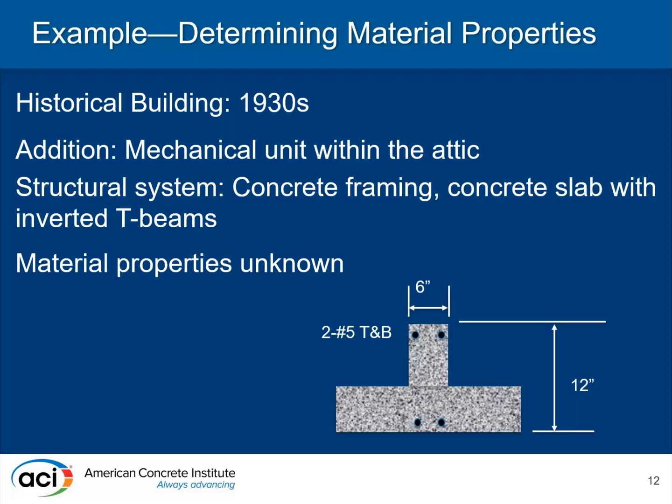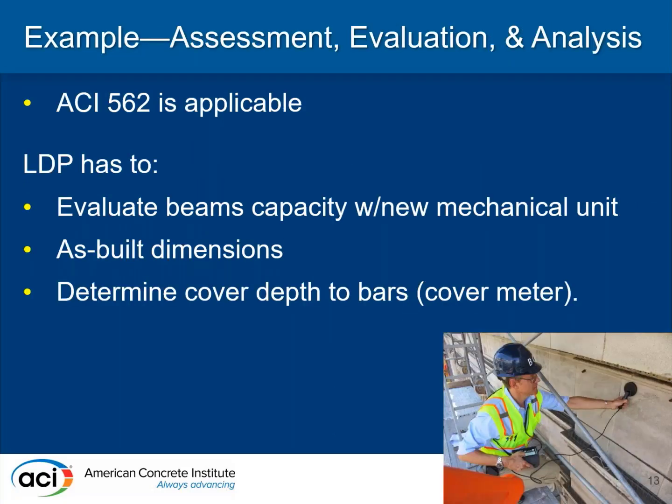As is frequently understood by those of us that evaluate existing structures, particularly historical buildings, the material properties sometimes aren't reported or we don't have existing structural documents. This particular example shows 2 number 5 top and bottom bars, a 6-inch wide web, and an overall depth of 12 inches. So the idea is, how do we estimate what the properties of the structure are?